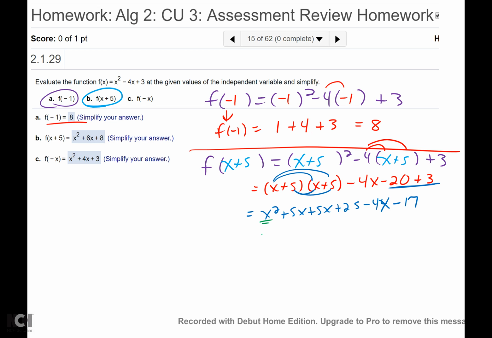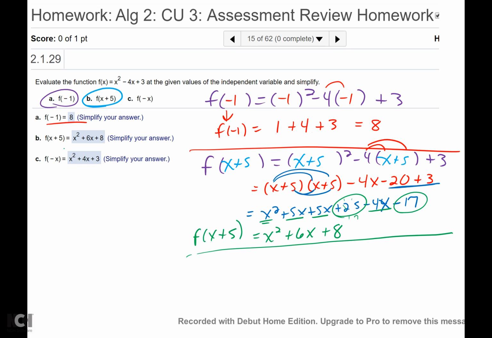I've got an x squared. 5x and 5x is 10x. Minus 4x is 6x. And 25 minus 17 is 8. So f of x plus 5 equals x squared plus 6x plus 8.